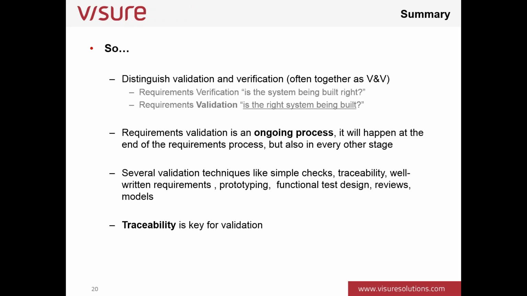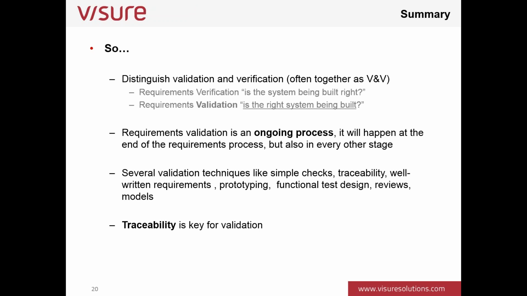Requirements verification, always remember this sentence: is the system being built right? It's usually linked with test. Requirements validation: is the right system being built? They can seem close, but they are not the same. Remember that it's not enough to build the system right. You have to build the right system.